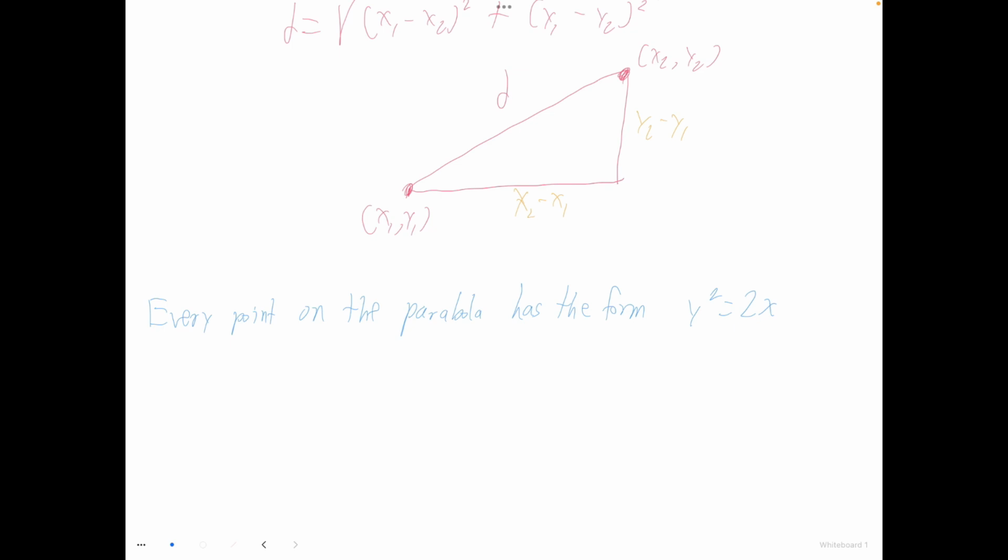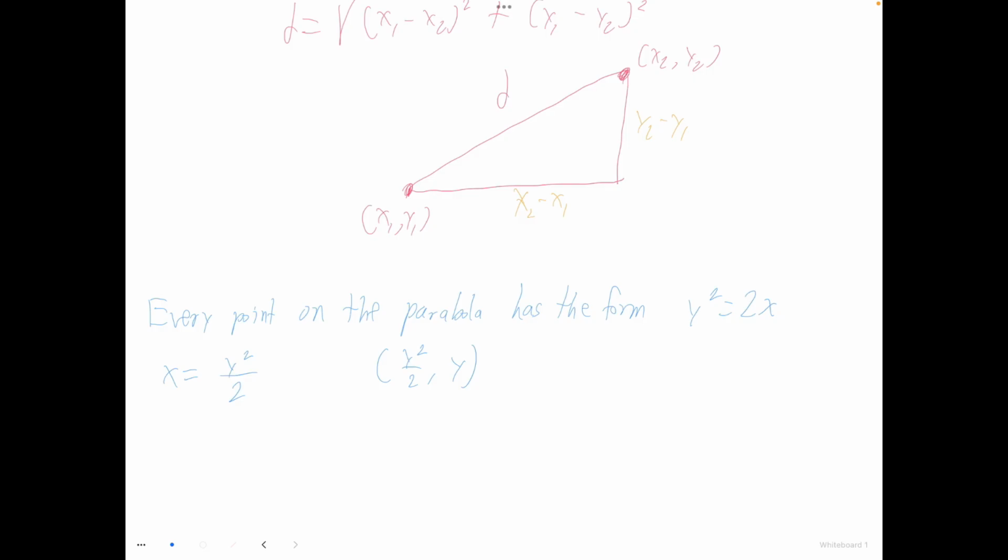That's the equation of the parabola. So solving for x, we get that x equals y squared over 2. So every point on the parabola looks like y squared over 2 comma y. Every point on the parabola is going to look like that.